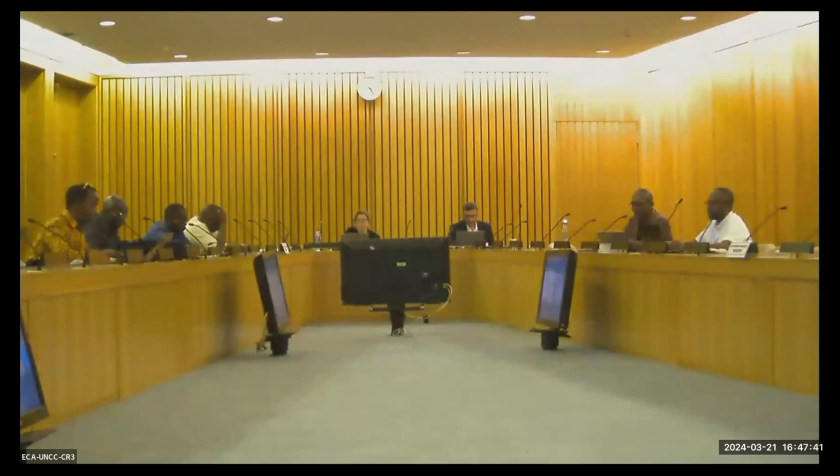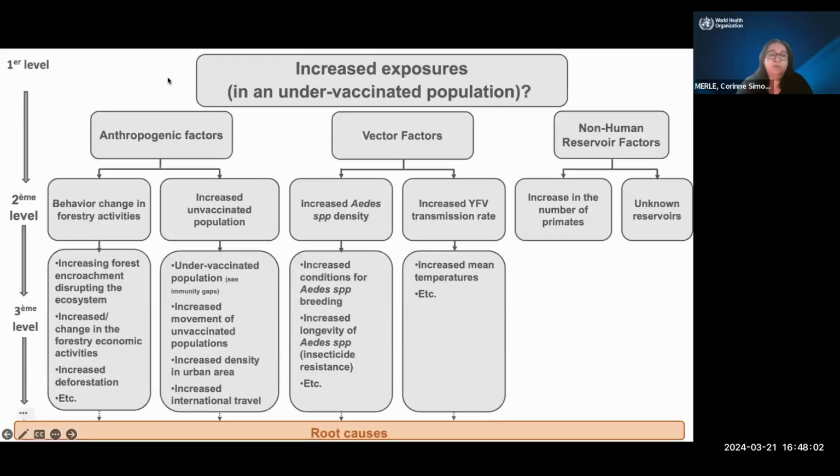About the number of questions, I was looking at the number of questions that we have, because I think it decreased a bit. But may I say something? If there are things that are collected at other moments, it's fine. It will simplify the root cause analysis. But the question is, when we speak about increased exposure, are we missing something, or are there factors you think should not be considered?